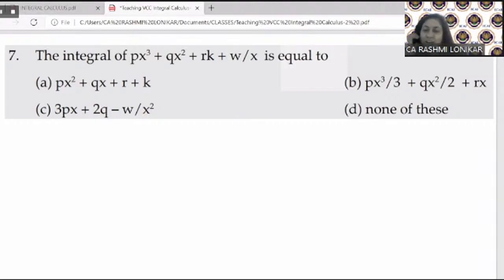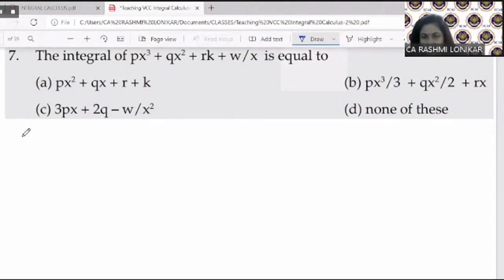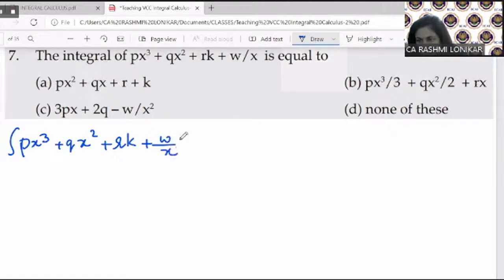Right? So now let us see this. Now we have integration of px cube plus qx square plus rk plus w upon x into dx.